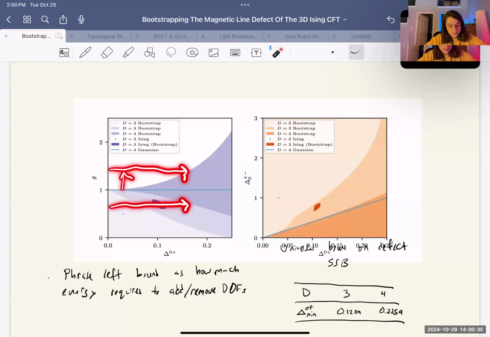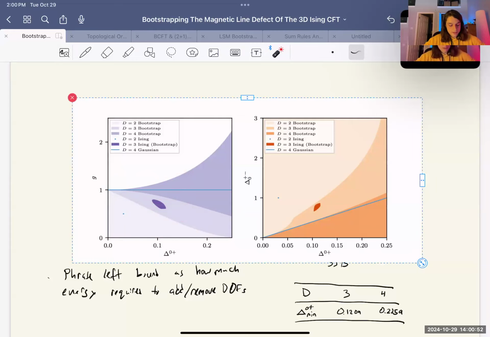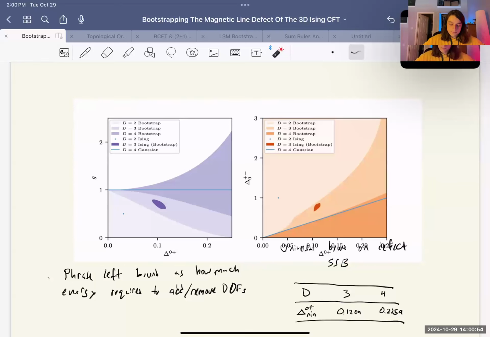And similarly, if I remove degrees of freedom, then again there'll be some lower bound on the energy that I'm required to add to create the defect. And this bound seems to get lower when I decrease the dimension. And in 2D, apparently, I wasn't able to derive any bound. But I think that's kind of nice. It again gives some intuition for the G theorem, I'd say.